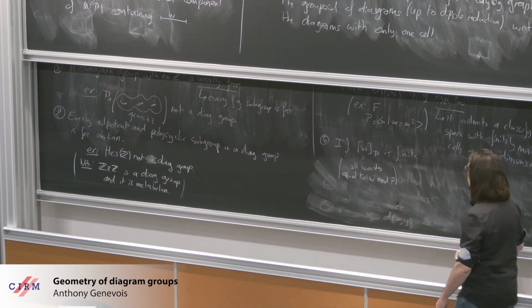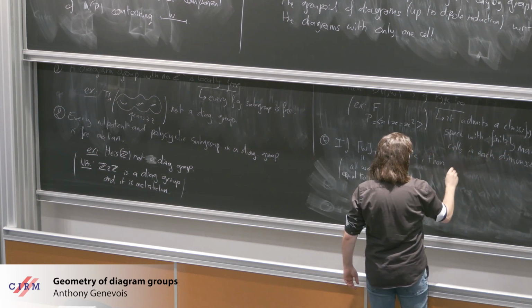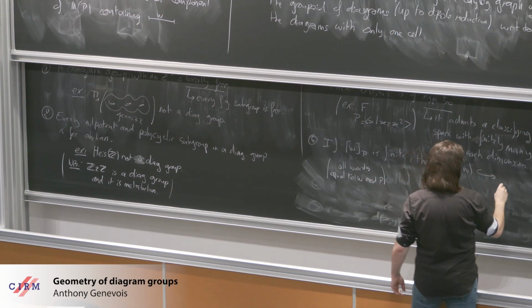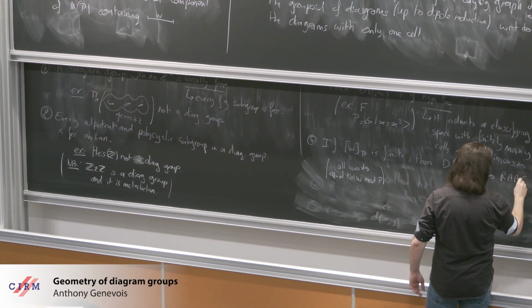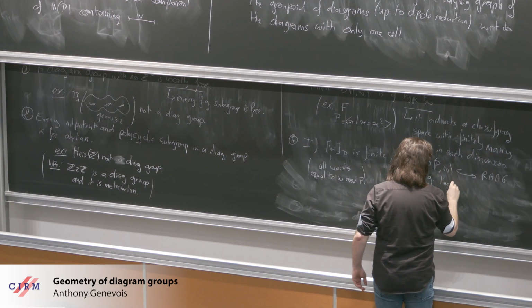Okay? So if this class is finite, then G(P,w) is a subgroup of a right-angled Artin group. And for instance, it is linear over Z.